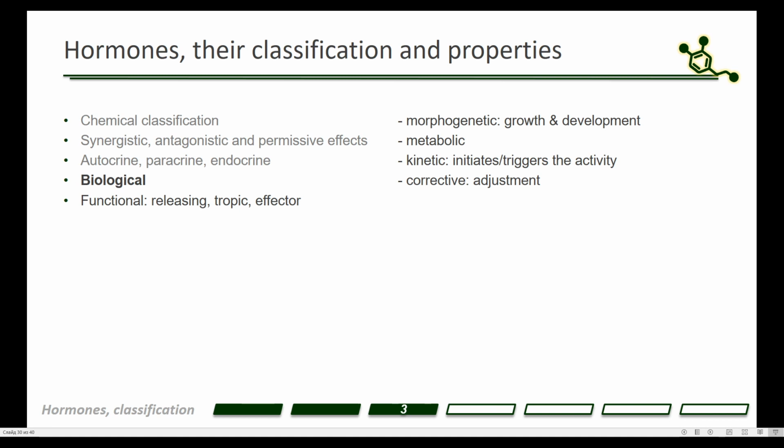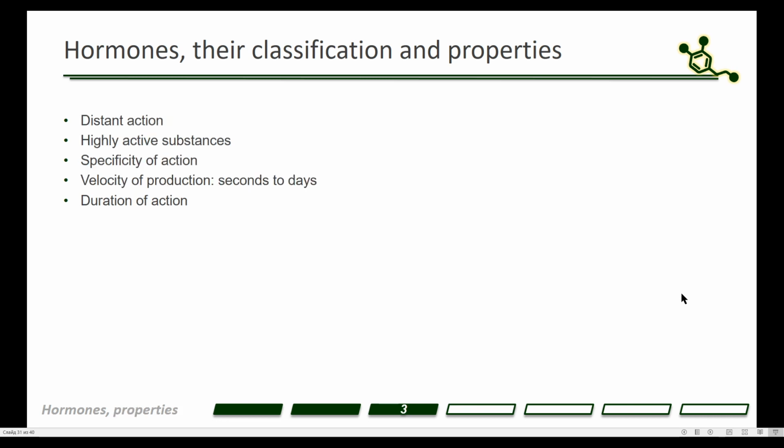Then we have corrective, which is the adjustment of the function of the organ. And the last one is the functional one. Here hormones could be divided into releasing, tropic, and effector. Releasing hormones are produced by the hypothalamus, tropic by the anterior pituitary, and effector hormones by peripheral glands.